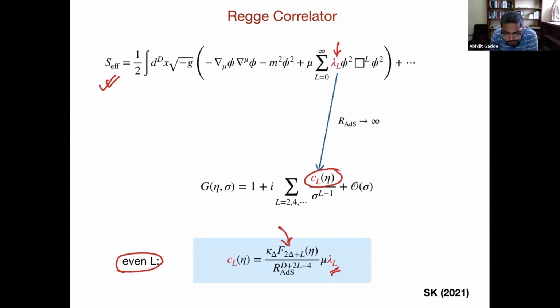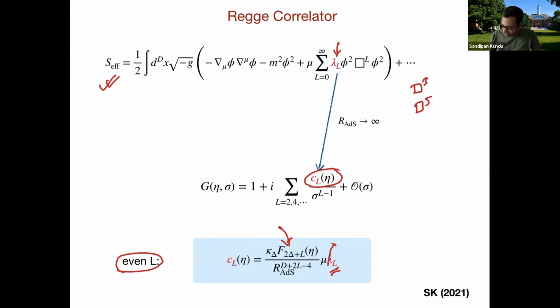Okay. So the odd spins correspond to odd interactions, things like box cubed, box to the fifth. They don't appear here. The only contribution they introduce is a correction: C_L is proportional to lambda_L, but up to a correction.